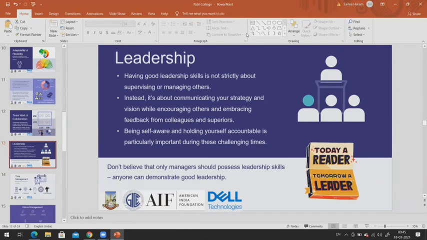His decision is very vital because the productivity of the team members depends on his decision.